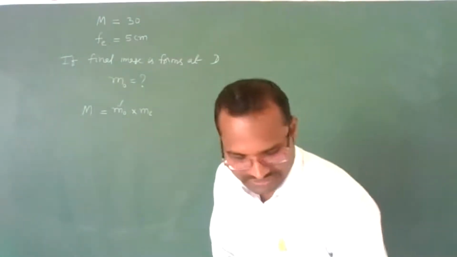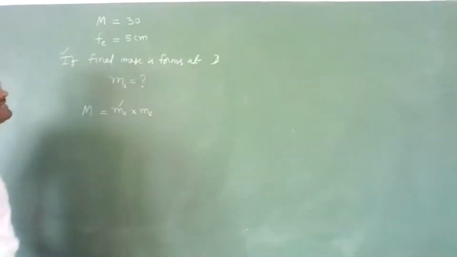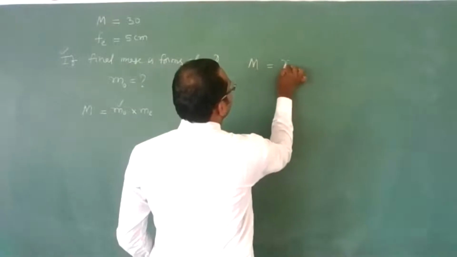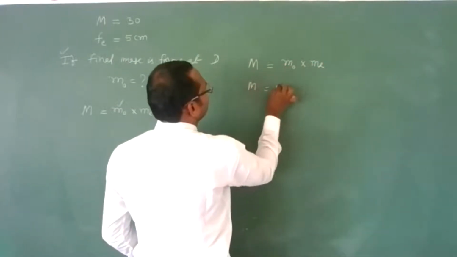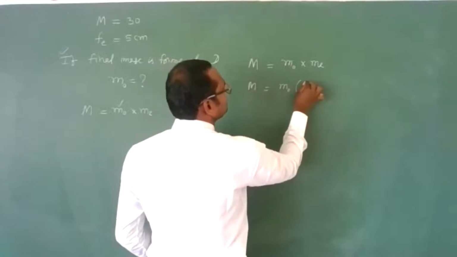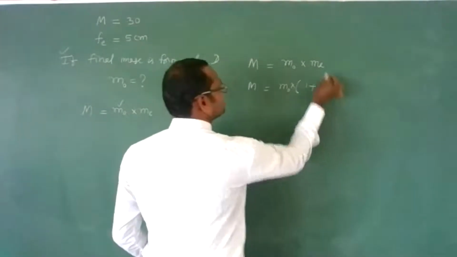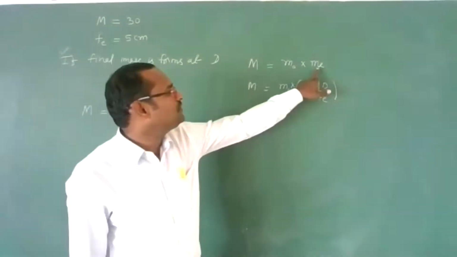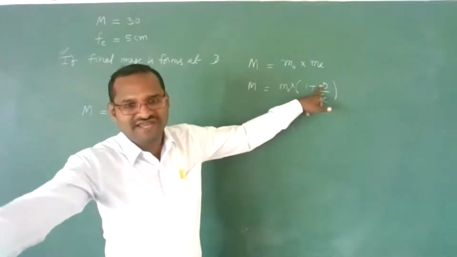A simple question. If the final image is formed at the distance of distinct vision, the magnification formula is MO into ME, where ME is 1 plus D by FE. When the image forms at the distance of distinct vision, the eyepiece magnification is a fixed value.